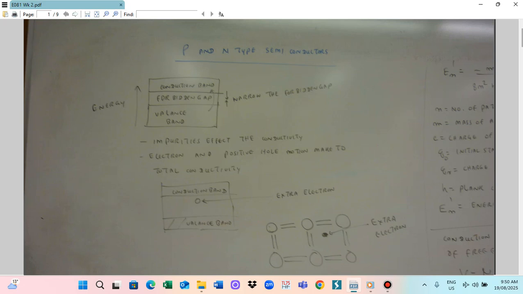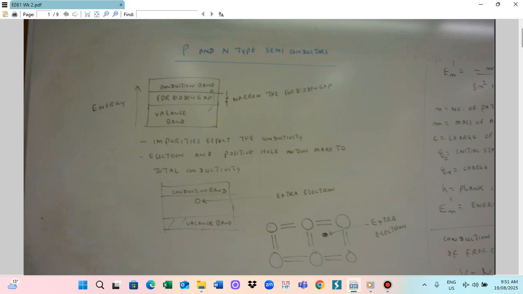So this is the way of constructing the semiconductor: we put the extra electron into the semiconductor. This extra electron we can put into this energy bond. This is the energy bond, where the atoms are bound together.